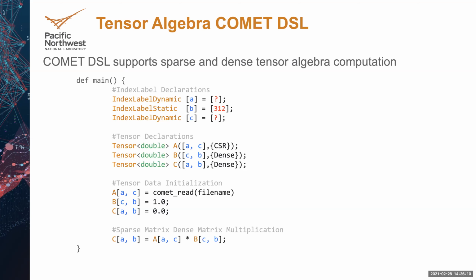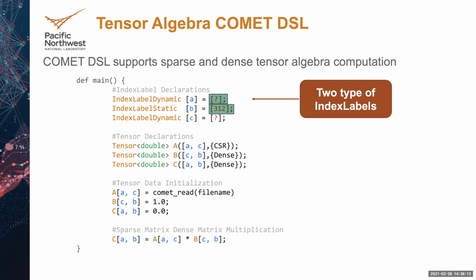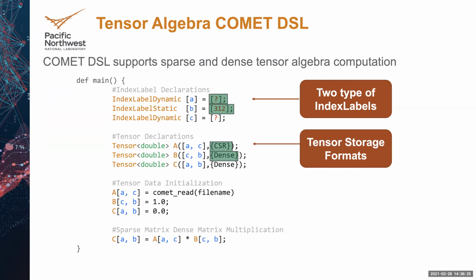In this case, we have two types of index labels to express static and dynamic index labels. Dynamic index labels are mainly for the sparse computation. And we declare the tensors, defining their types.